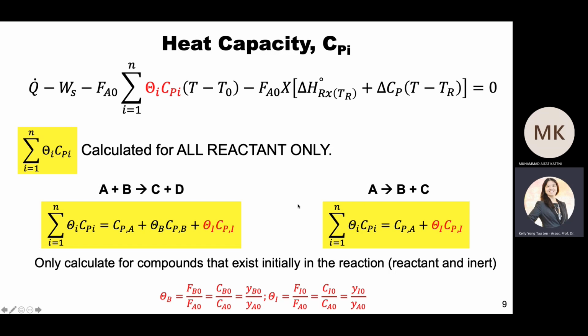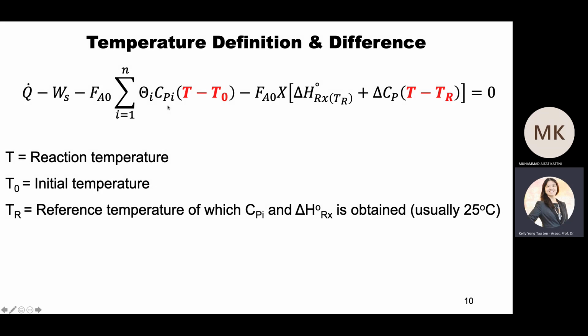Kalau asalnya compound tu tak ada, you cannot calculate theta B. So if you cannot calculate theta B, of course you cannot calculate theta B CPB. Okay, right. So this is on the theta I CPI, summation of theta I CPI. So next one is temperature.